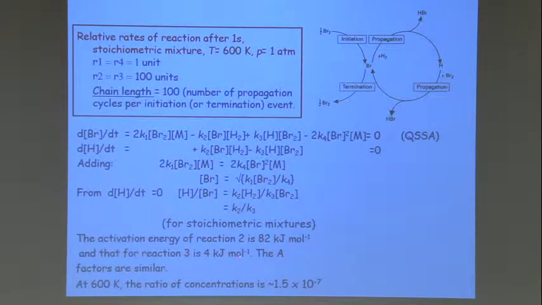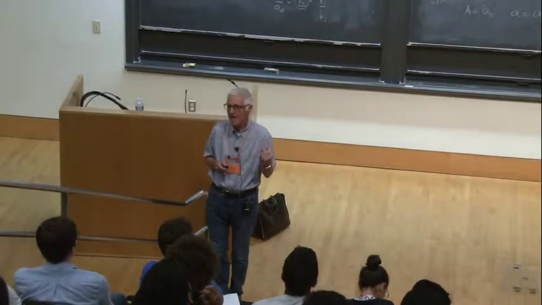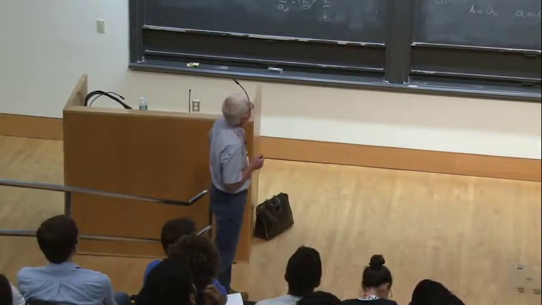The activation energy for reaction 2 is 82 kilojoules per mole. That for reaction 3 is 4 kilojoules per mole. Their A factors are very much the same. So at 600 K, the ratio of the rate constants, and therefore the ratio of the concentrations, is about 10 to the minus 7. So the concentration of H is considerably less than that of bromine. And the dominant chain carrier concentration is that of bromine.